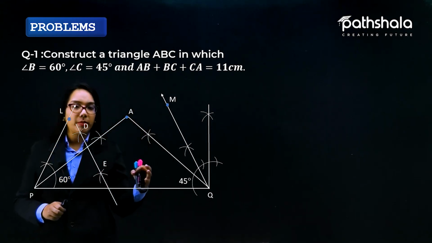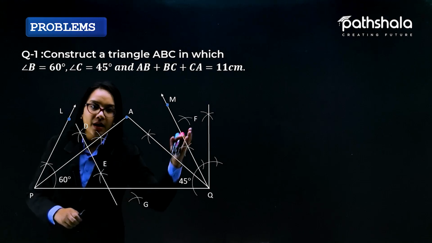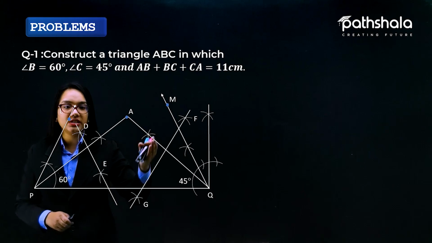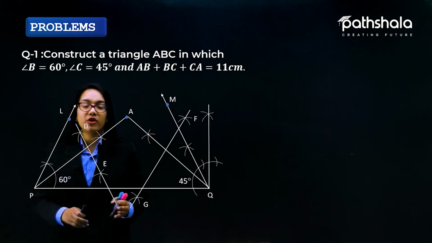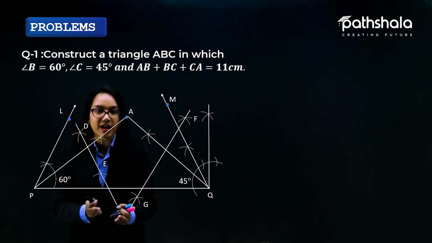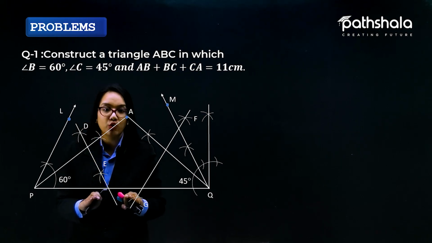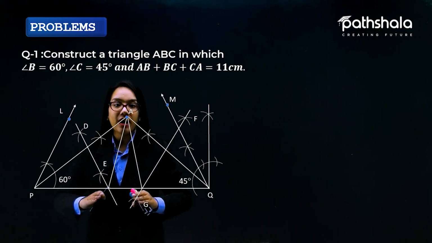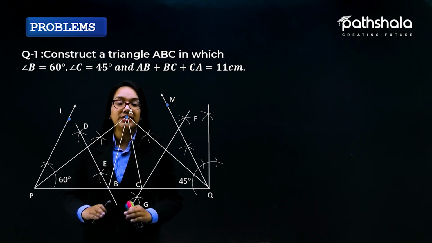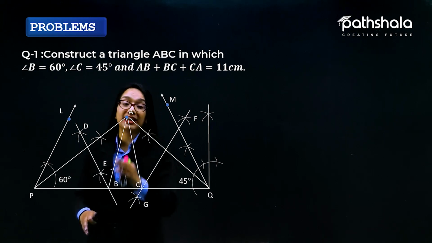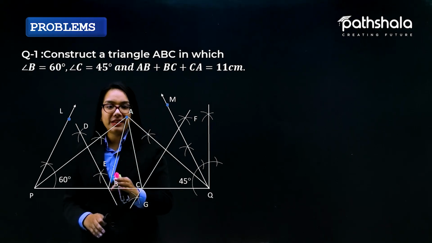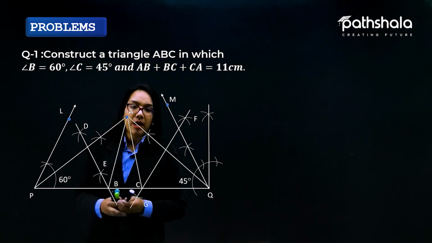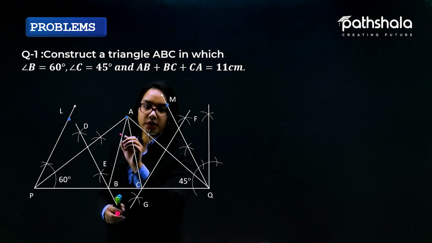Now let's talk about the perpendicular bisector of AQ. Again, I mark the two arcs F and G and join them. Wherever these two perpendicular bisectors intersect the line segment PQ, those two points are called B and C. After joining them with A, this is the required triangle ABC.